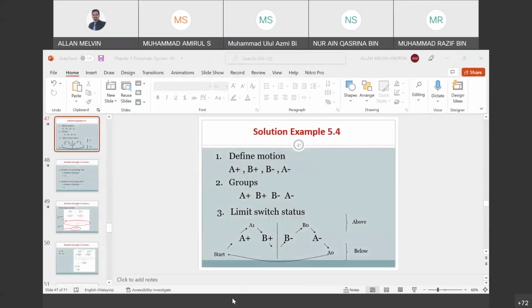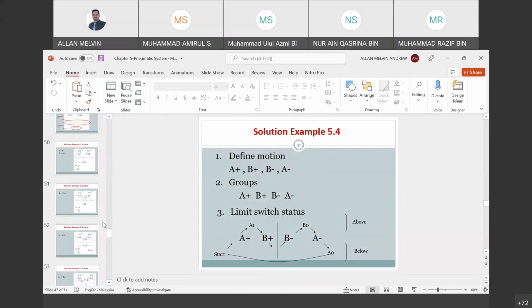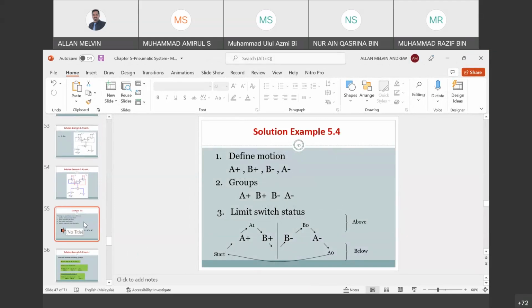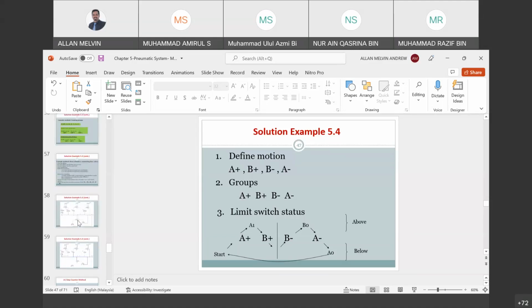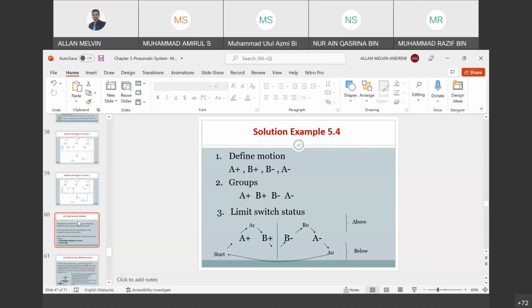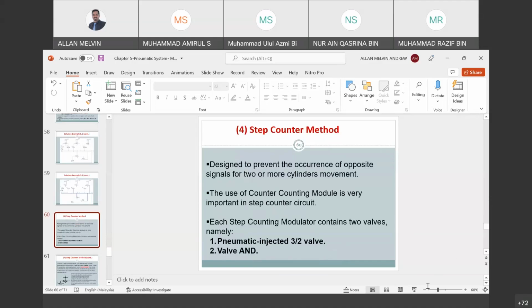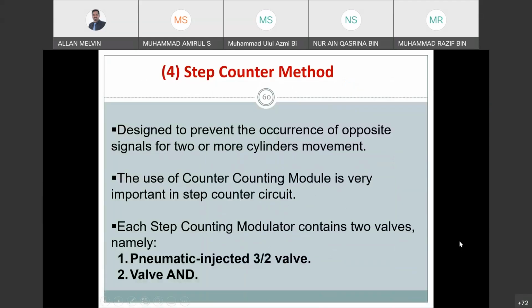Okay, any questions on step counter method? Any questions? I think the cascading method I already explained. Any questions on the step counter method that I can answer?